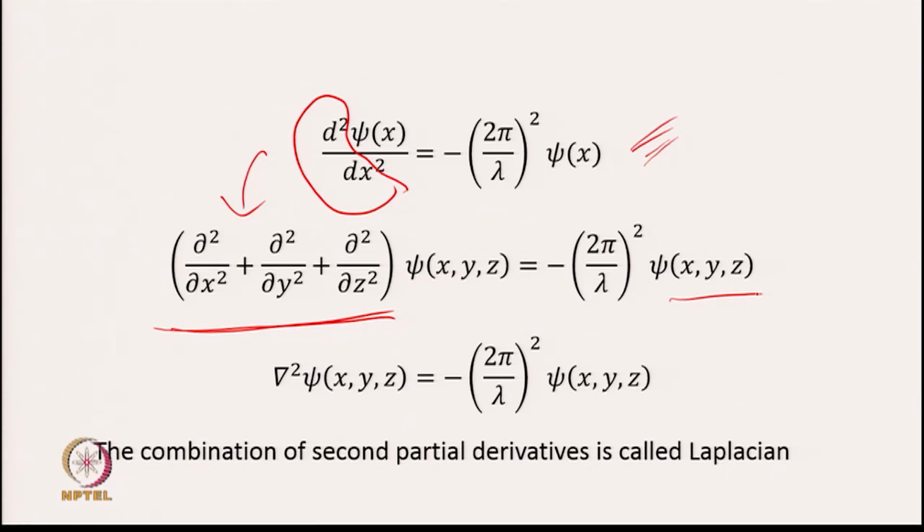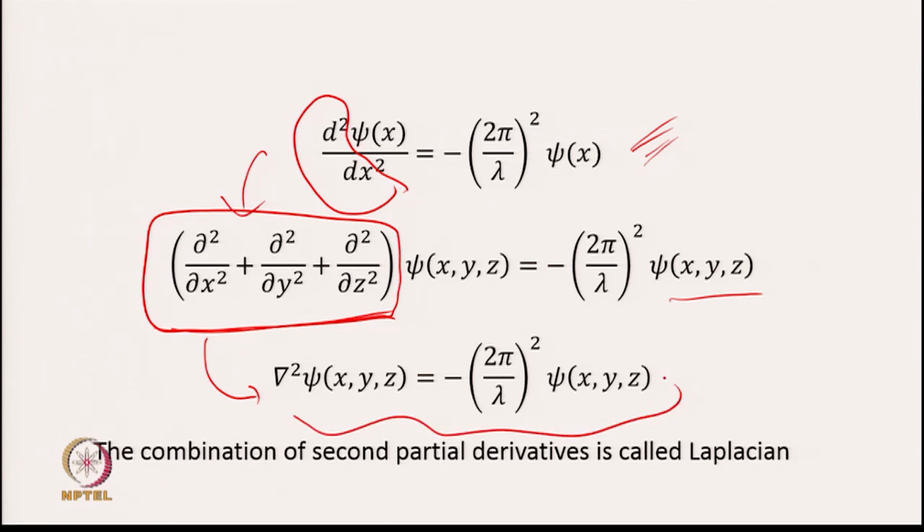To make things short, you replace this sum of 3 second order derivatives by del square, and this combination of second partial derivatives is known as the Laplacian. This only simplifies things. Now this is your equation of a wave associated with an electron in 3 dimensions.